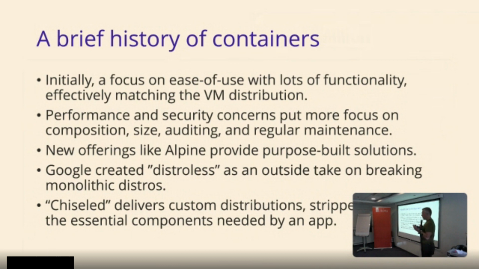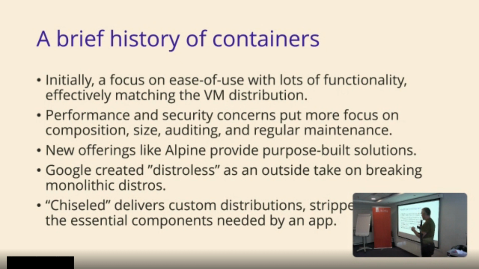once containers moved from theory to practice, people realized that maybe this isn't quite what we wanted, and so performance and security concerns became more relevant. We also had new offerings in the industry, so Alpine was an example of that. Much later, we have ChainGuard. They are absolutely on the purpose-built container-first ecosystem plan.